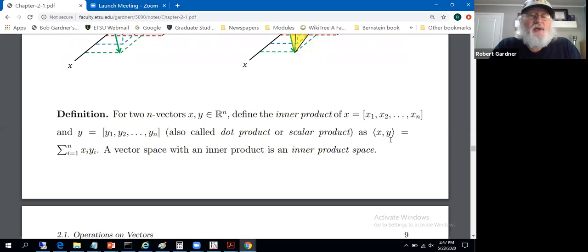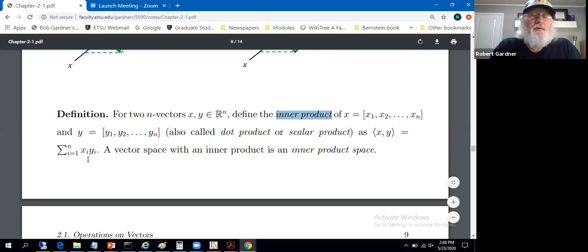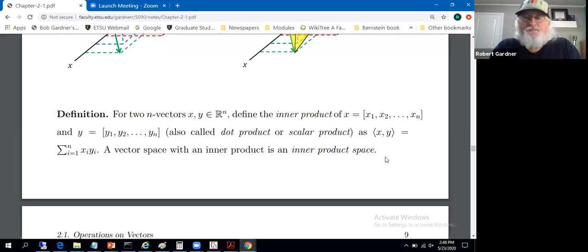So the inner product of x and y, we'll use the more sophisticated graduate school terminology, is simply the sum of the products of corresponding components, x1 y1 plus x2 y2 plus x3 y3, and so forth. A vector space with an inner product is called an inner product space.